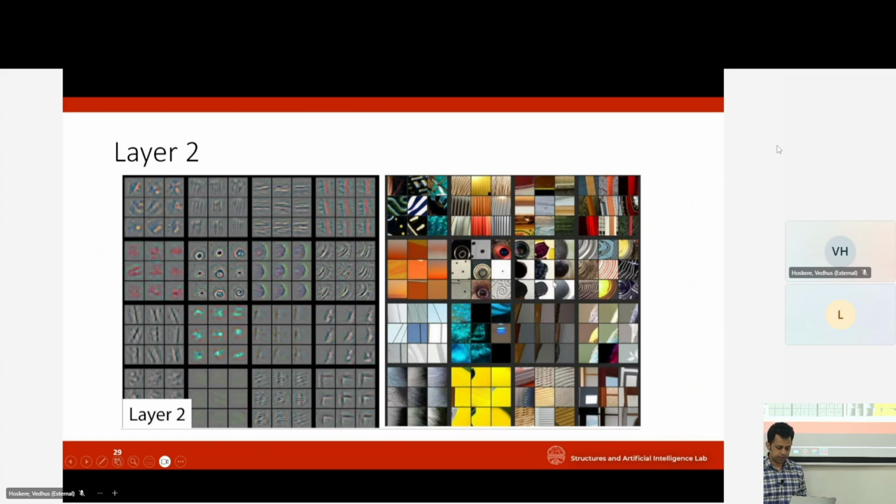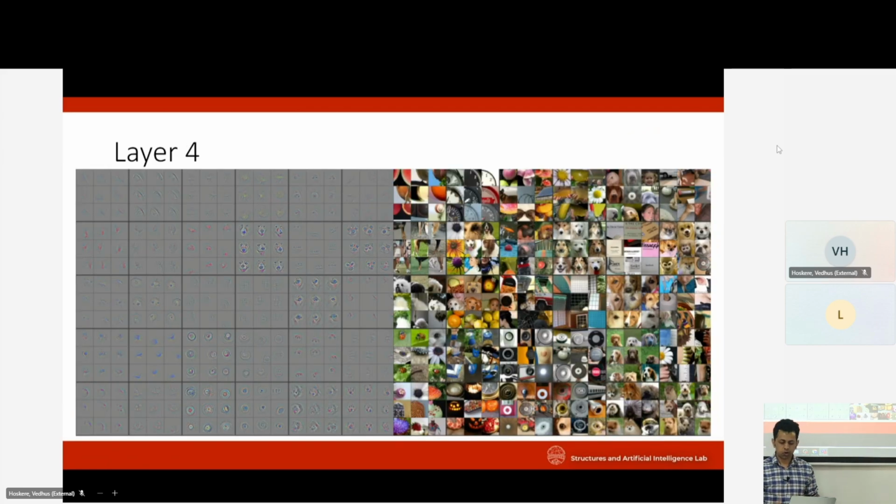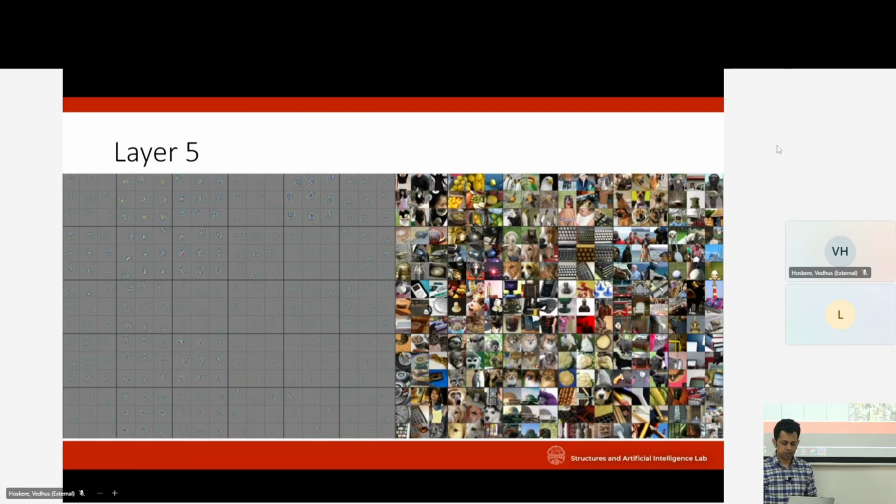And here you can see as we progress, different filters are specializing in more identifiable objects, right? So here are all people, and these are all wheels, and so on and so forth. And this, of course, you would expect as you get closer to the end, then it's identifying the whole image class that is of interest.